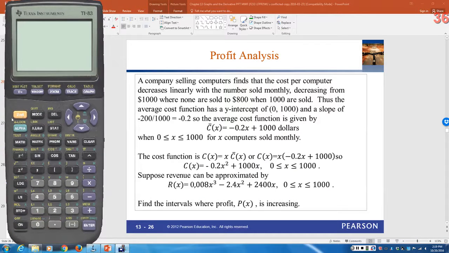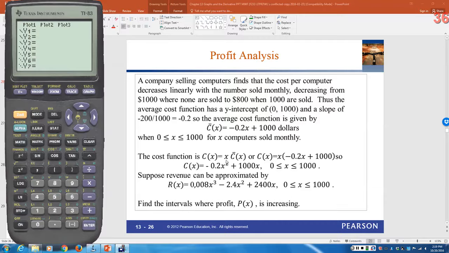Get the calculator. Turn it on. Go to y equals, clear those out. I've got a cost function. I have an average cost function, which is negative 0.2x plus 1,000 per computer.